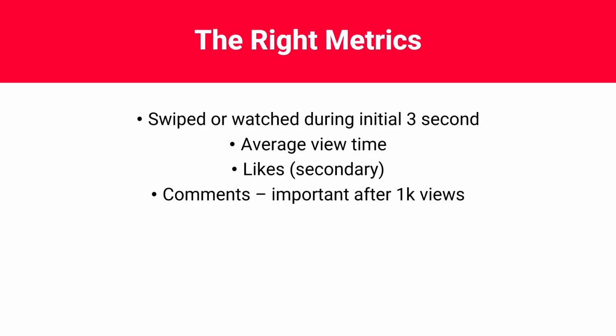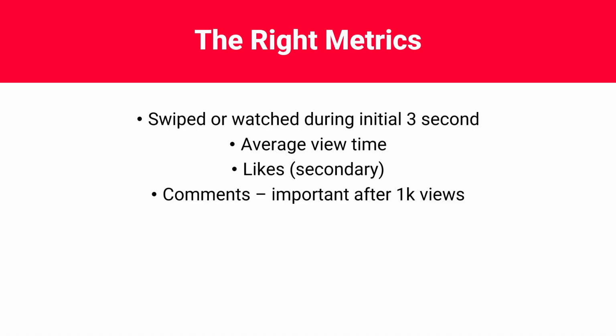Next is average view time. This is usually in seconds, and it's used to measure how long the viewers are viewing your video. So are they watching the entire video? Are they watching the first 10 seconds?